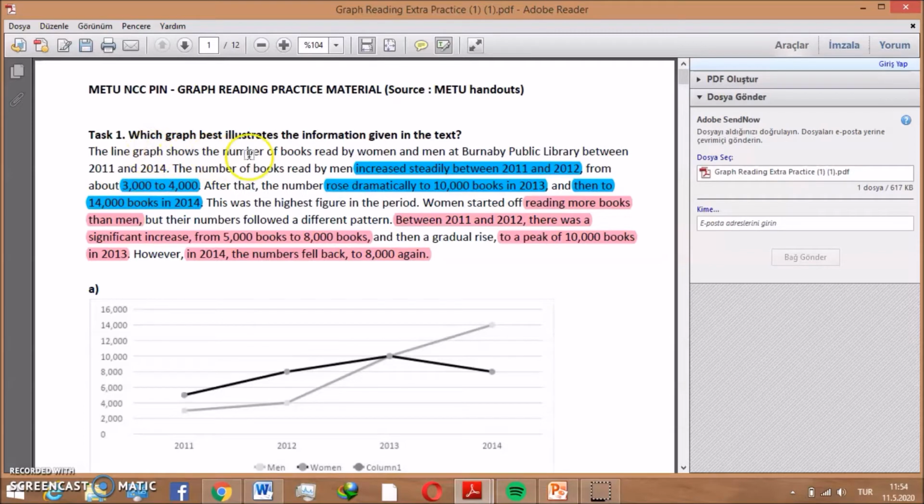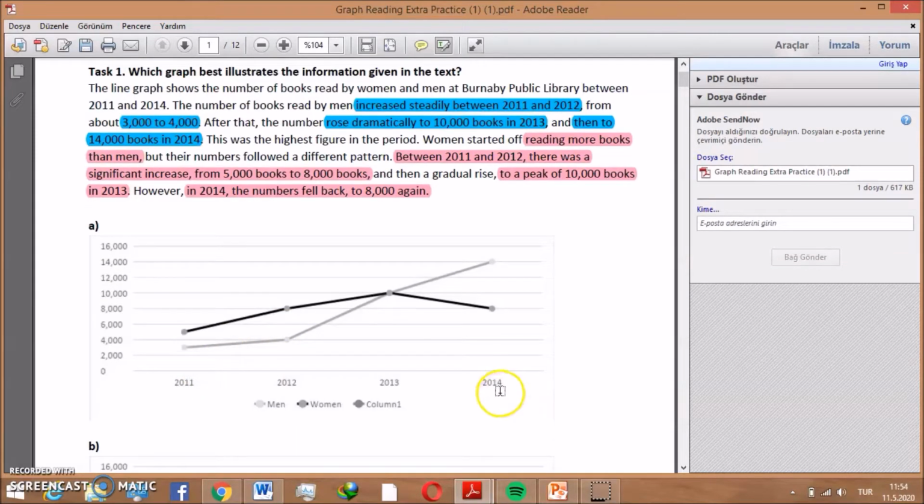The line graph shows the number of books read by women and men at a public library between this and this. So this is okay. And the number of books read by men increased steadily. Steadily means there is no sudden movement.